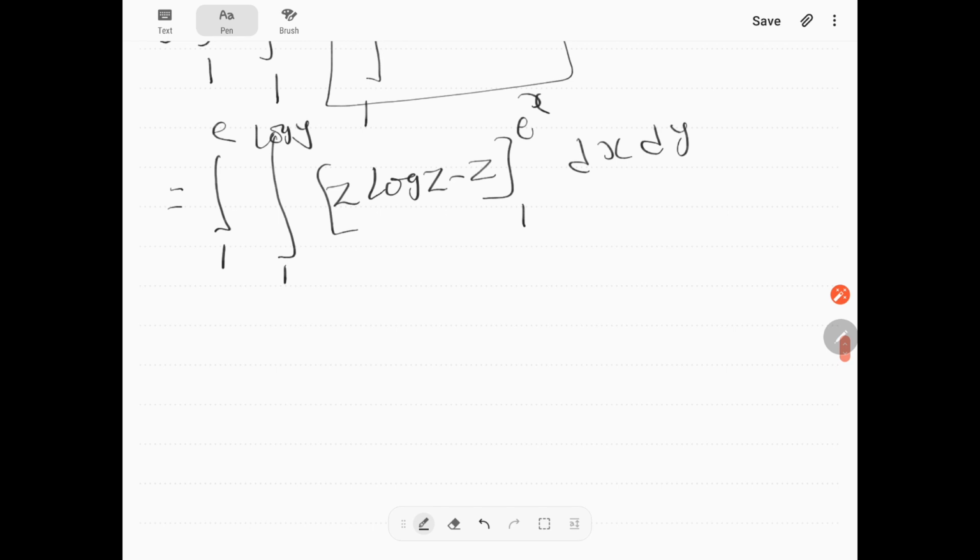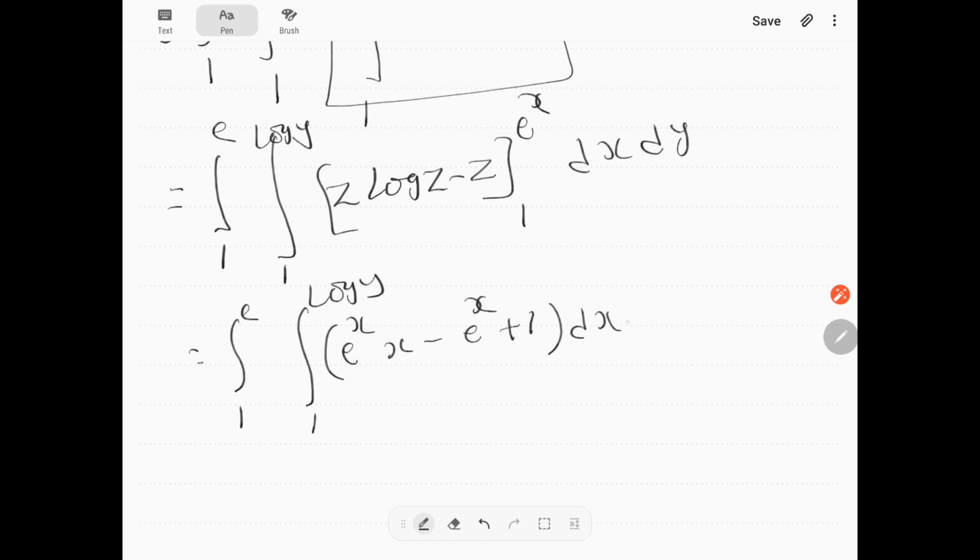If I substitute the upper limit e power x, I'll get e power x, and log e power x is x, minus e power x. If I substitute the lower limit, log 1 is 0, and here we have minus 1, because it is the lower limit, it is plus 1, and next dx dy.